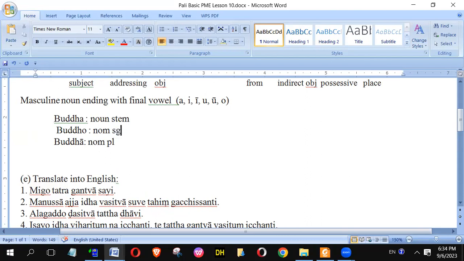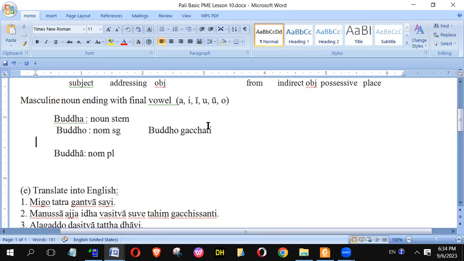So how does it apply? It's easy, like Buddho gacchati. It's a nominative singular, so Buddho is the subject. This subject is nominative singular, like the 'so' we learned last time.